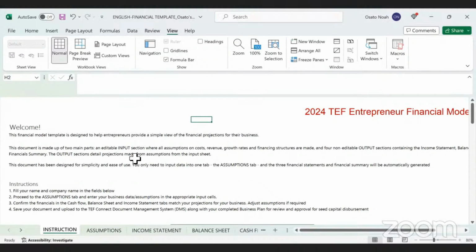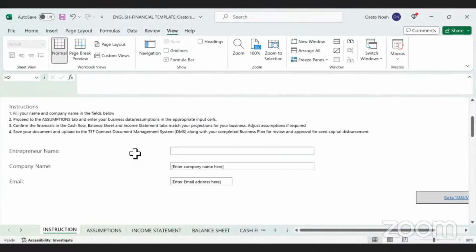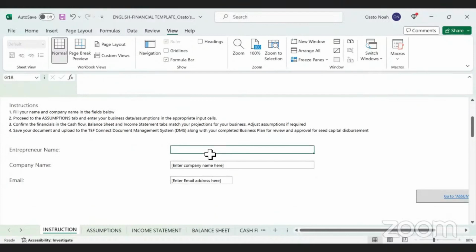And then the other four parts are non-editable. They are the income statement, the balance sheet, the cash flow statement, as well as the financial summary of the business.